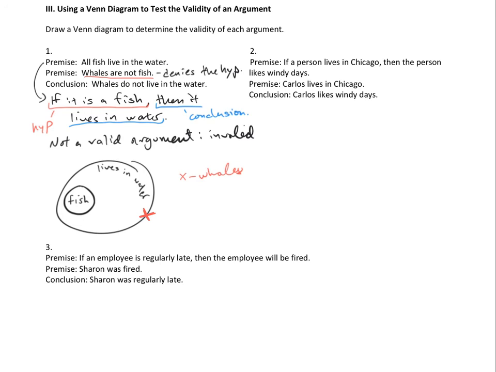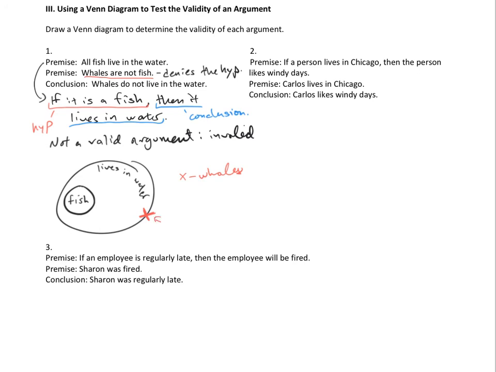So I have this premise 1 gives us the bubbles. Premise 2 tells us where the x should go. And if the x can be placed clearly in any bubble, so either in the fish bubble or in the lives in water bubble and not on a boundary or a border, then we would say it is a valid argument.